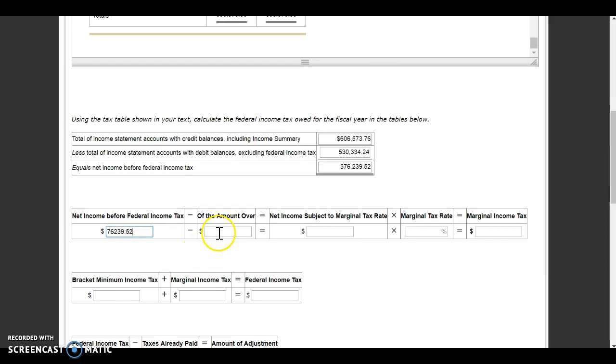$76,239.52. Now we have to figure out what bracket it falls into. So when we are looking at page 680 in our book, we know that our number is over 75,000, but it is not over 100,000. So we're going to fall into that bracket there.